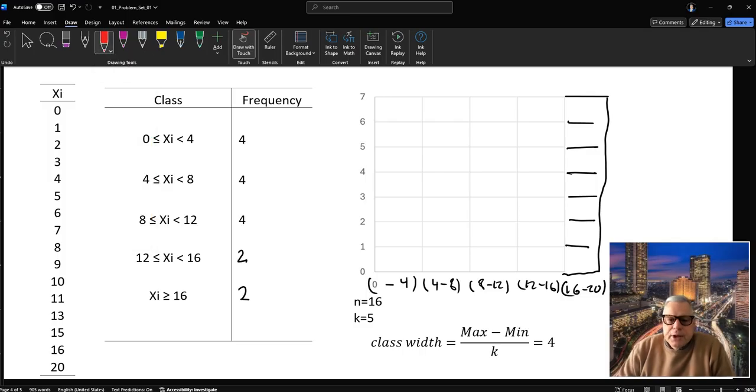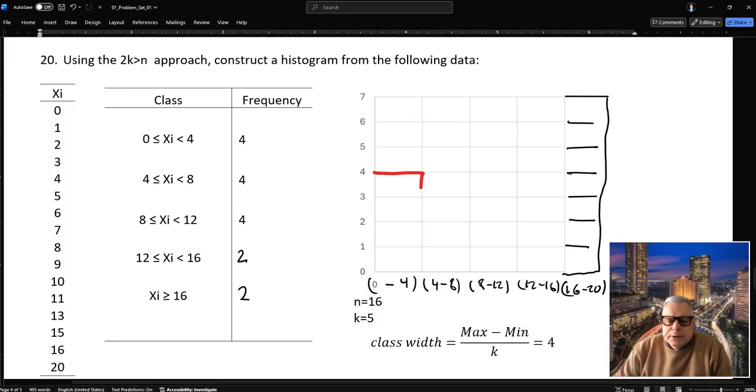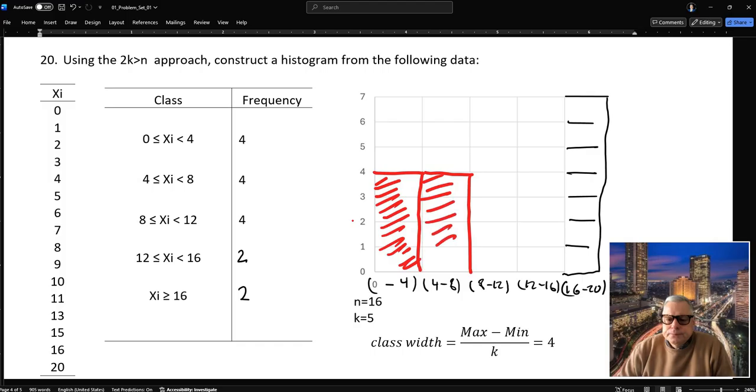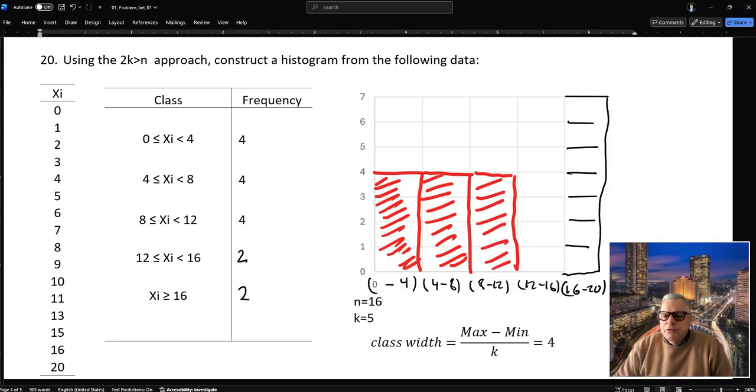So the first column is 4, the second column is 4, the third column is 4, and then we have 2 and 2.